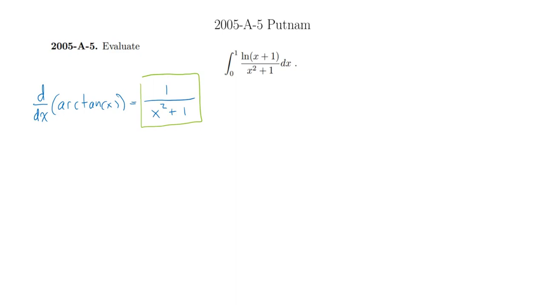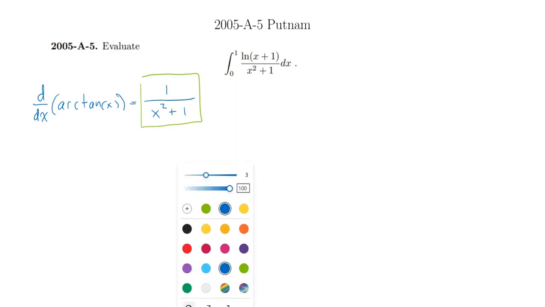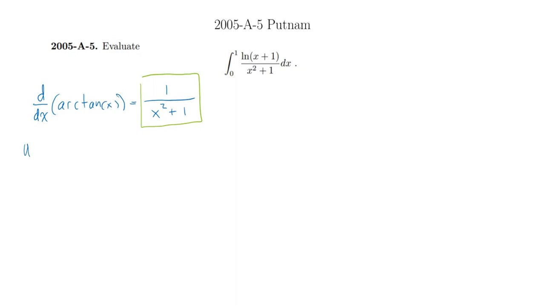In fact, that is being multiplied by the natural logarithm of x plus 1. So let's apply a u substitution, and we will say u equals the arctangent of x, which means that our du is going to equal dx over x squared plus 1.